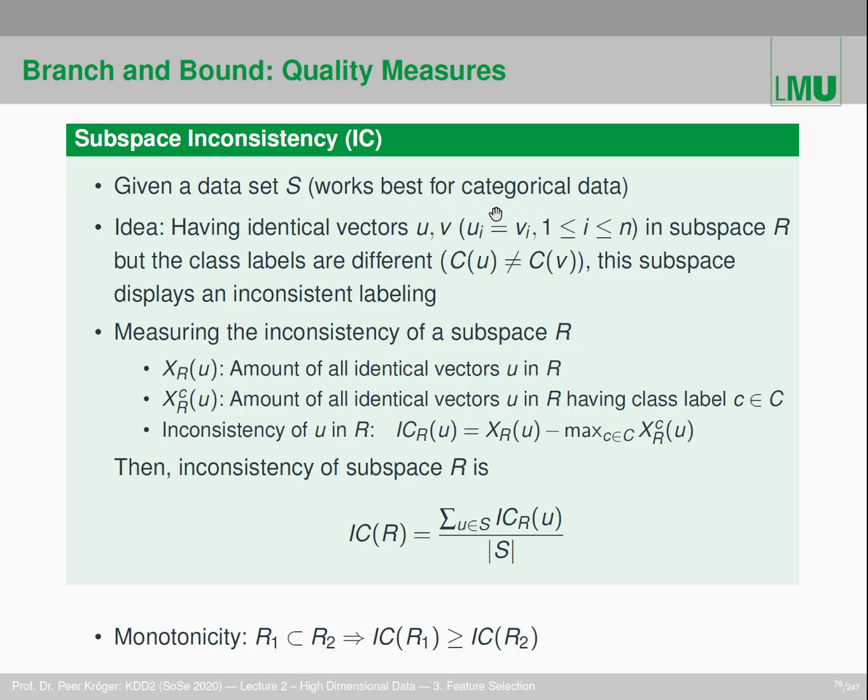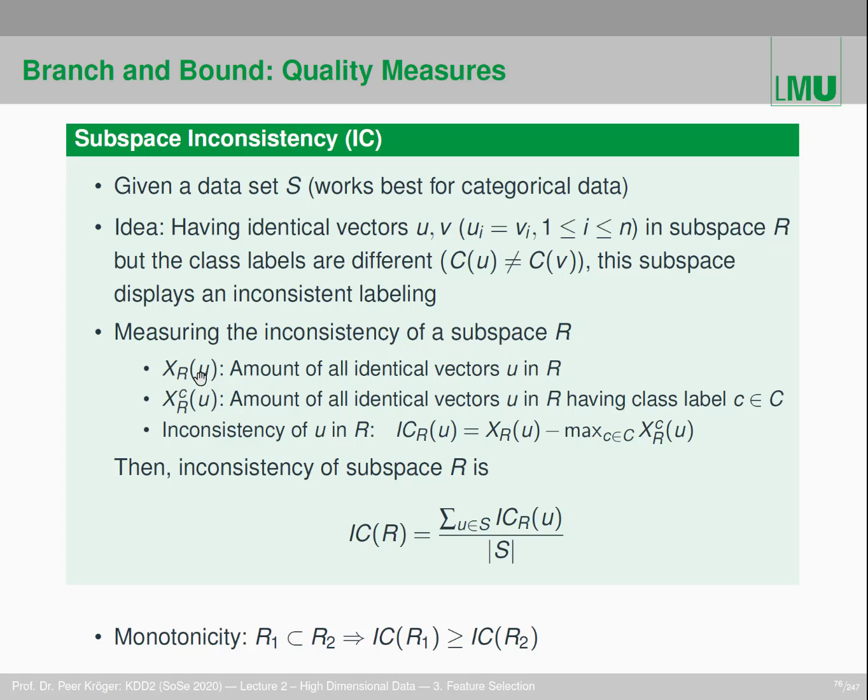If the categorical values of those 2 vectors are the same, but do not have the same class labels, something is inconsistent. If the values are the same, the class labels should be the same. And we can use this observation to measure the inconsistency of a subspace.